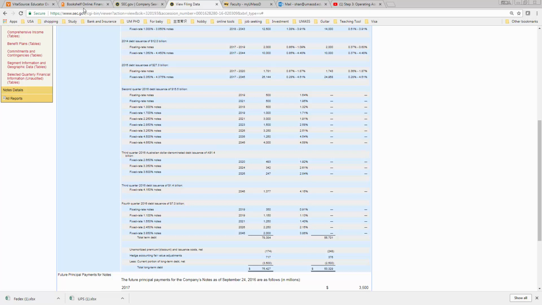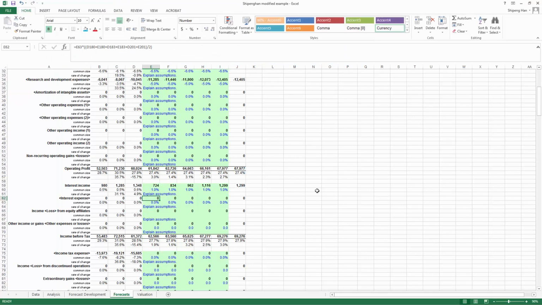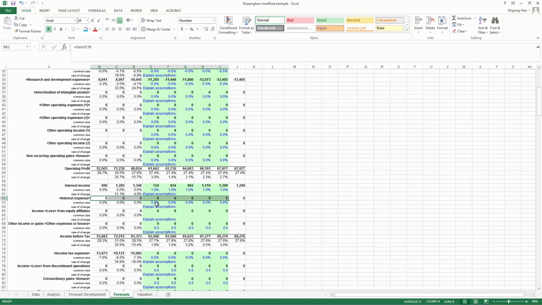So you can simply use 3.8 to forecast the interest expense, if you want. But here, because it is 0 for prior years, I keep using 0. Otherwise you can enter 3.8 and you can see the interest expense. It doesn't matter much. Okay, so that's step 4.